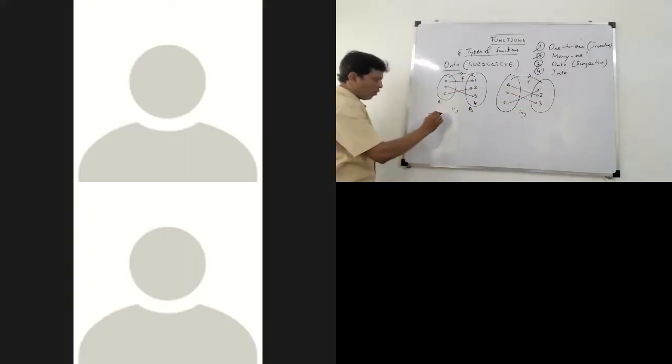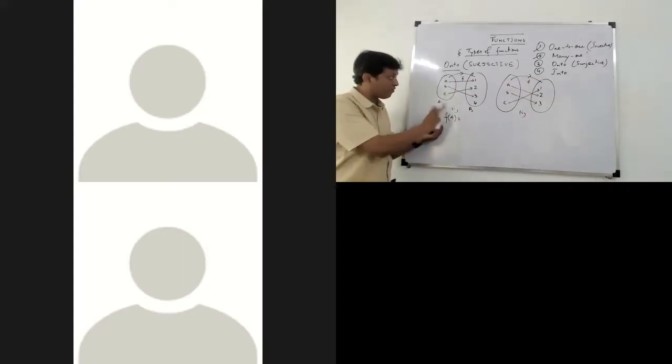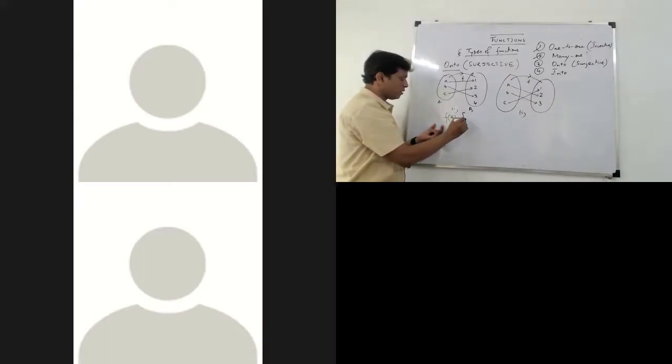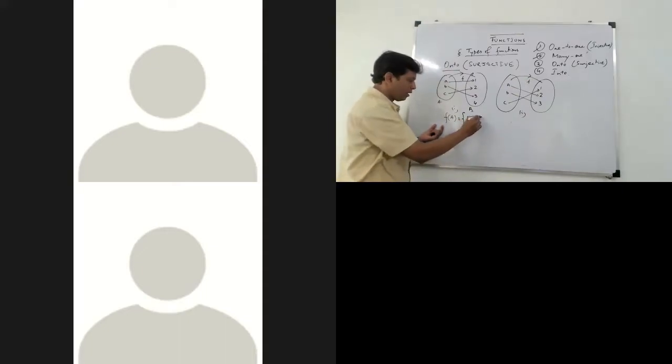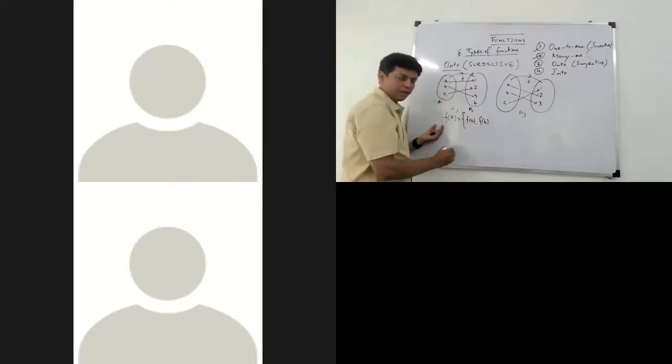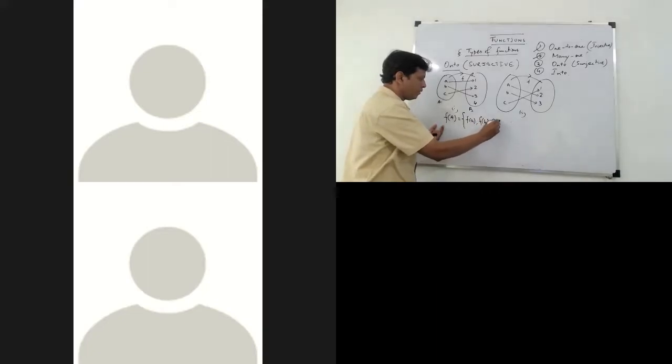Okay. Now your range set or image set is denoted by f(A). That means f is actually carrying the points and creating the images. So f(A) means f(a), f(b), f(c).